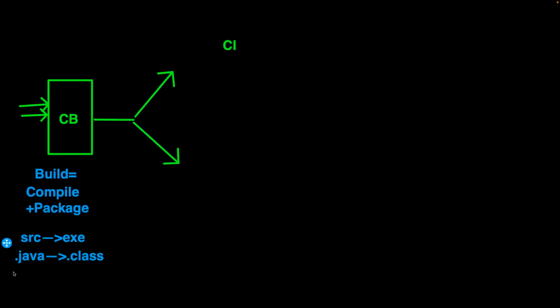Then, let's say there were 10 .java files, 10 .class files will be generated, and all the class files will be packaged into a single deployable file. In the case of Java, like an EAR file, a jar file or a war file, we have seen, right? That is called packaging. This process of compiling and packaging put together is called building the code.